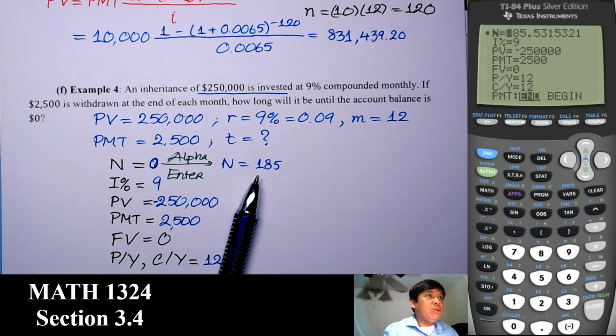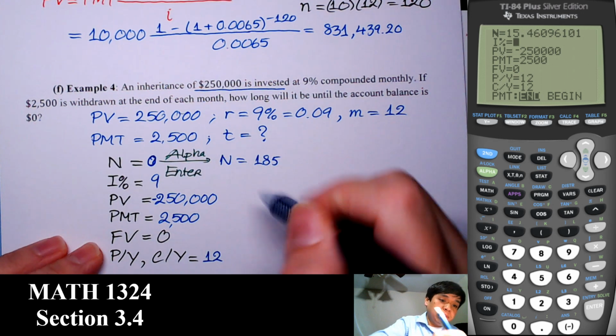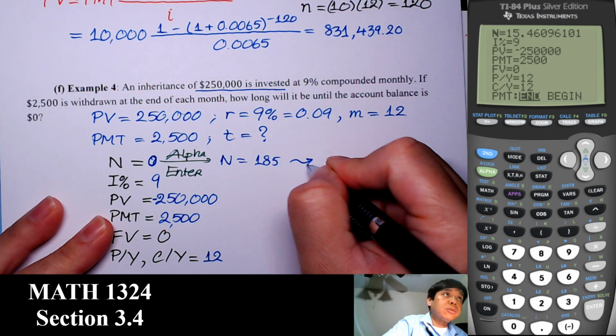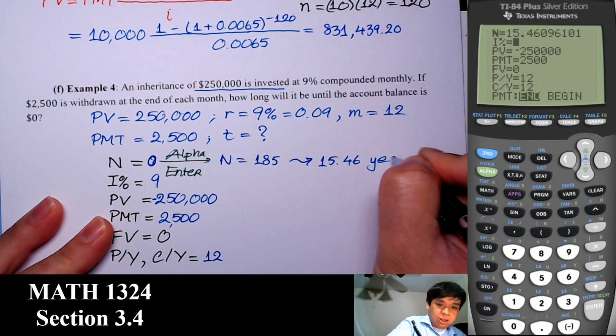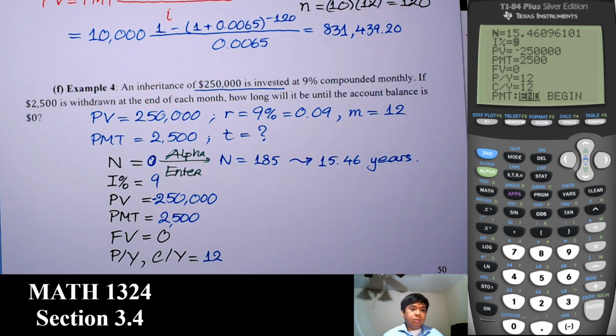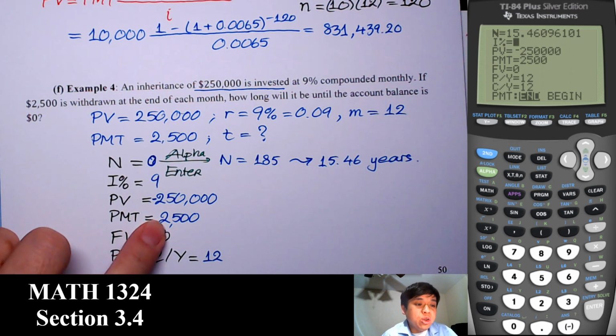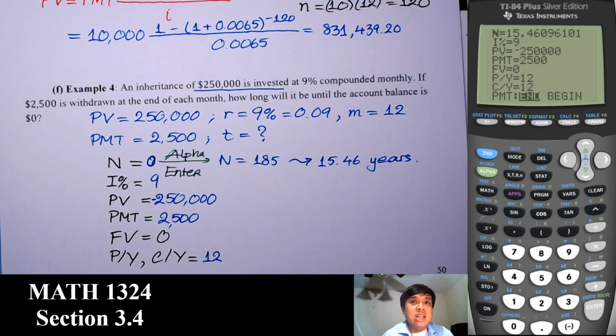But we have to take this and divide by 12 because there are 12 times a year. So we get that in about 15.46 years. Now, of course, if you have that amount with no interest, 250,000 divided by 2,500 is 100.